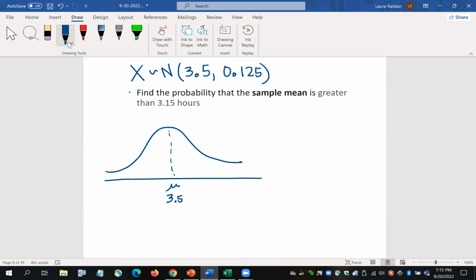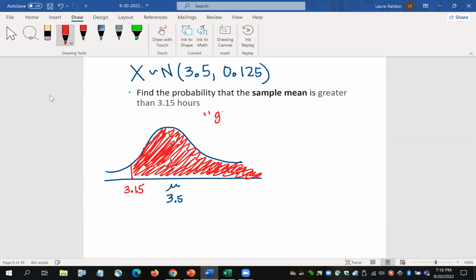And we want to be greater than 3.15 hours. So 3.15, and we want to be greater. Remember greater than is to the right. So we're looking for this red shaded region right here. Greater than is always to the right. So that means we have a right tail.